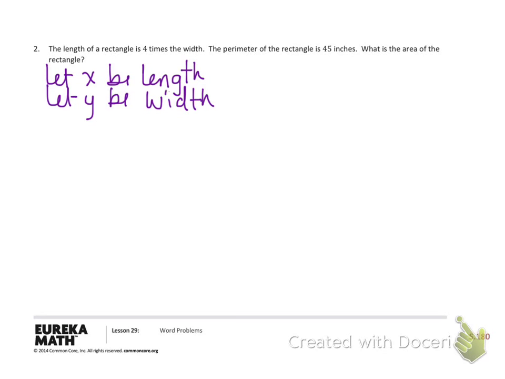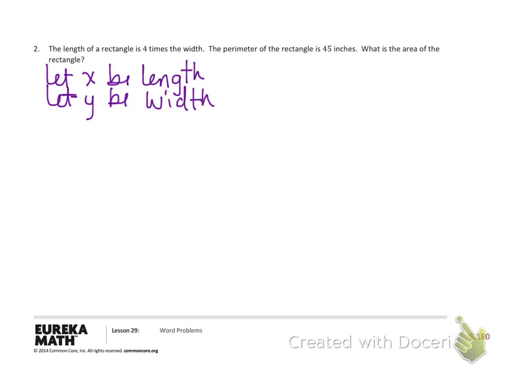I could have done it the other way, but my equations would look different if I defined it the other way, x and y being backwards. I could have used L and W, but I find that L's don't work very well. They get mixed up with numbers in equations. So x and y work really well. So x is going to be the length, y is going to be the width.